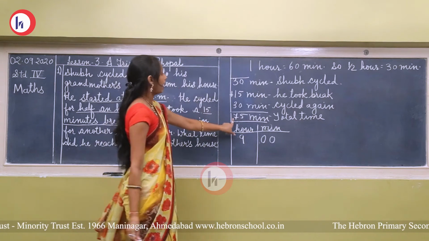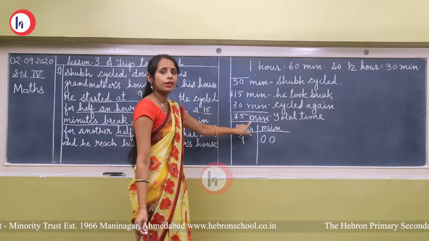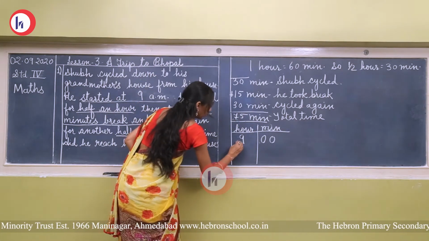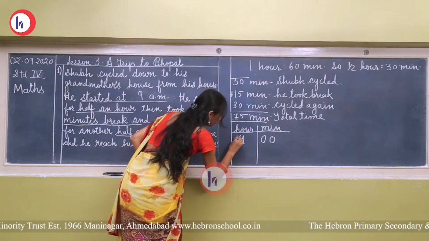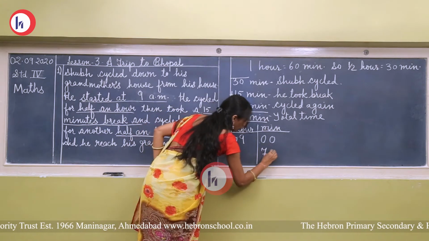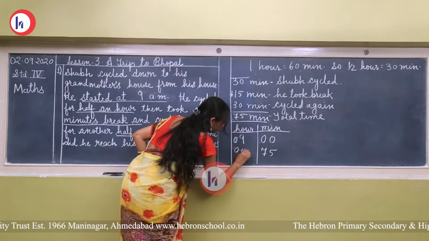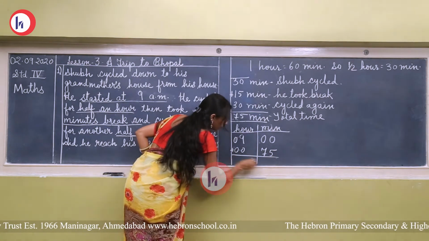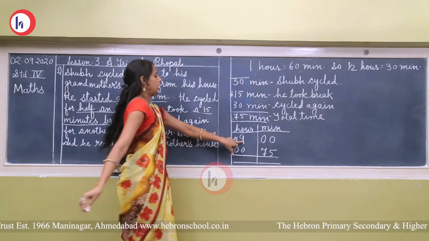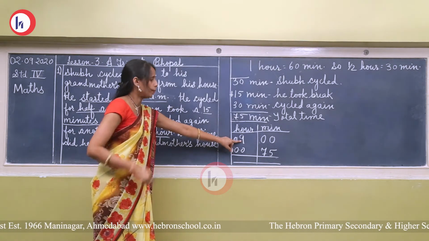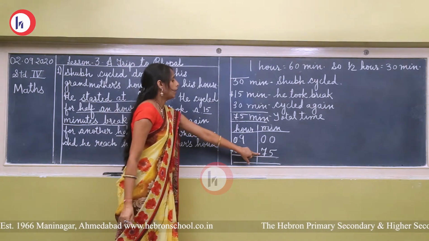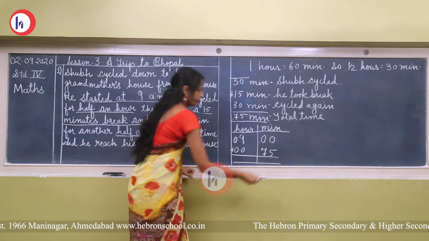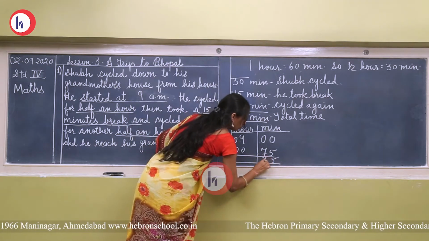And he took 75 minutes in cycling. From his house he started, and he took 75 minutes, so we will add.